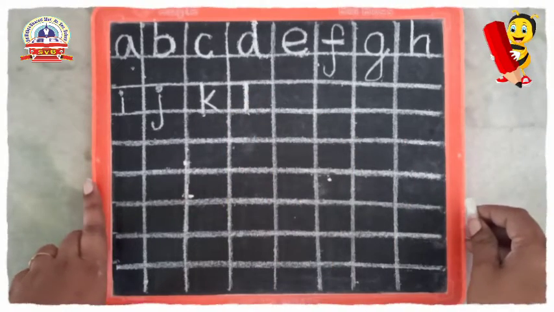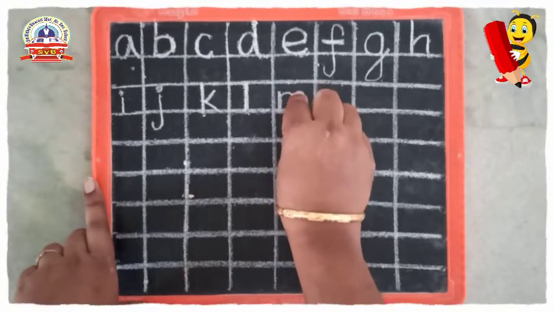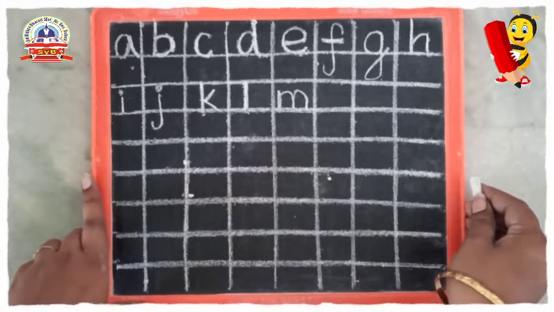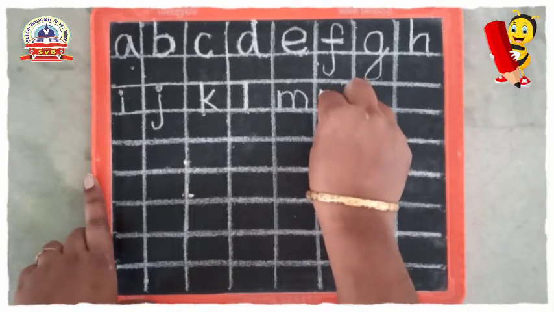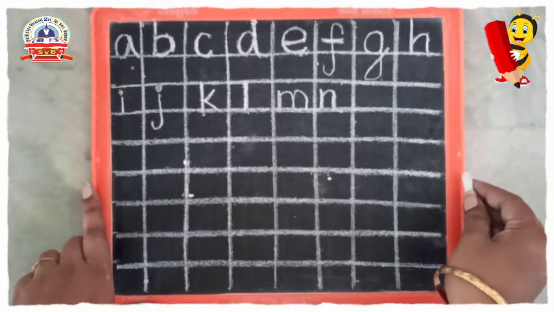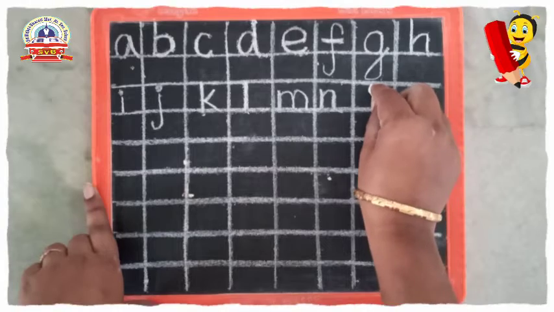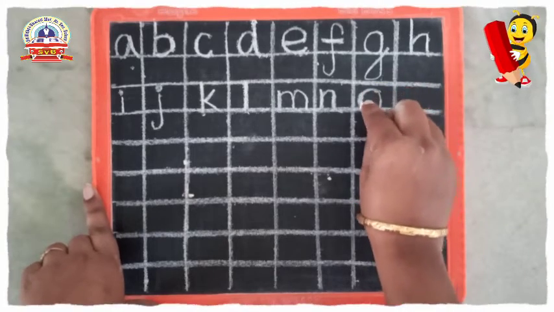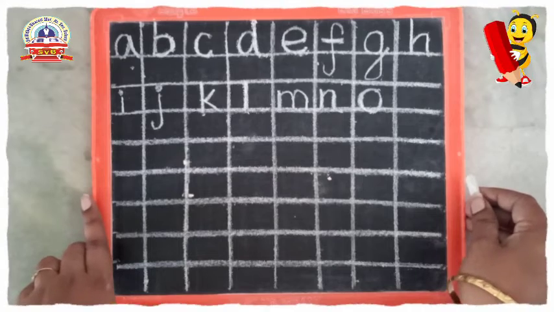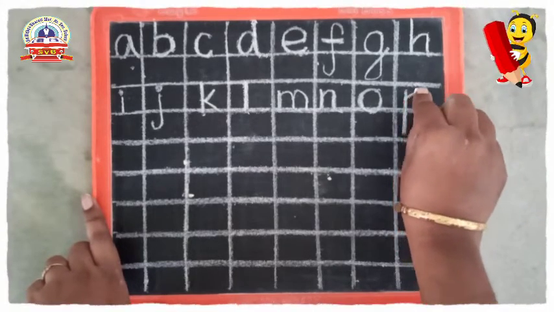Next comes Im. Then Ying. Next comes O. Open your mouth. O. Good children. The next sound is Ip.